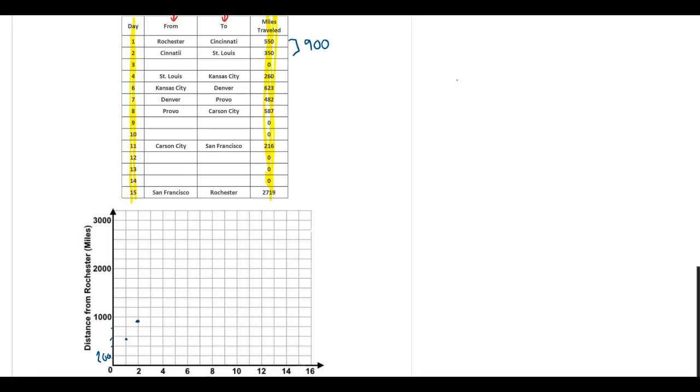On day 3, they didn't drive at all, so they're just going to maintain 900 miles away. On day 4, we had another 260 miles, so that's going to be 1,160 miles. And that's going to be my day 4, 1,160 miles, which is going to be slightly less than 1,200.